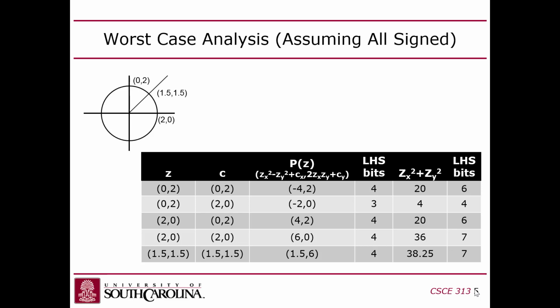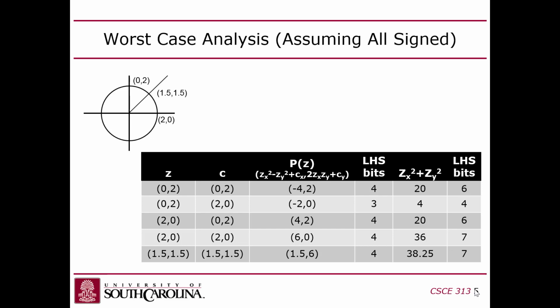So if I have 1.5, 1.5, and c is the same thing, I end up with a vector norm of 38.25, if I did that right. And so I need 7 non-fractional bits, right?